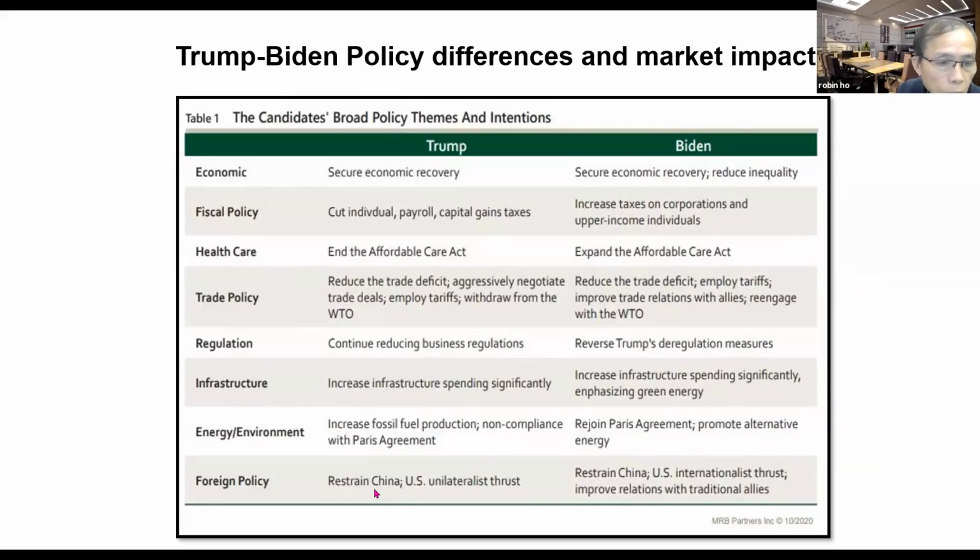And finally, foreign policy. Donald Trump wants to restrain China through U.S. unilateral action. Under Biden, I think we will continue to see China restrained from advancing or taking global leadership in technology, in the WTO, and in green energy.